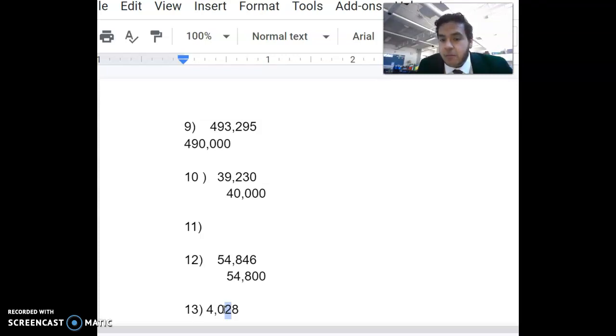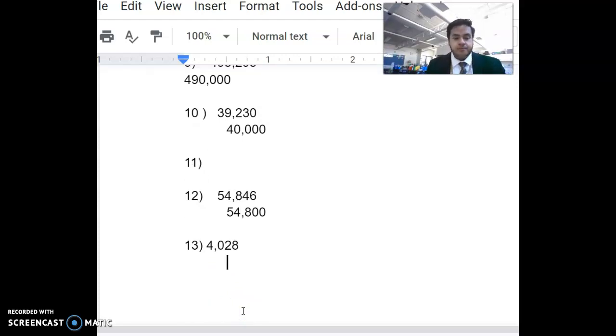And if it is 5 or more, the underlined number will go up by 1, turning 4,028 to 4,030. 10 seconds to write.